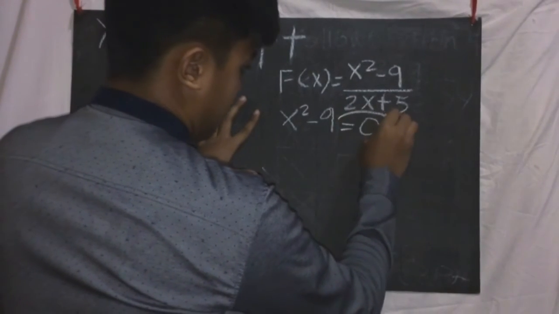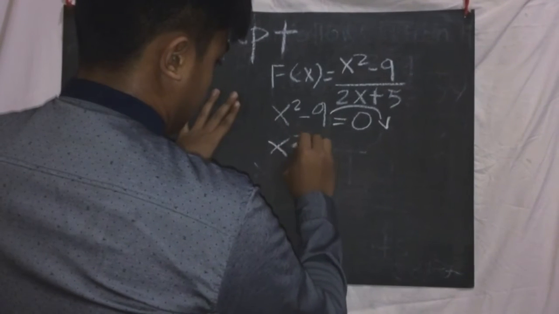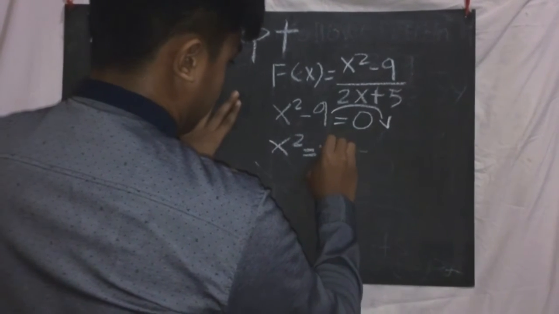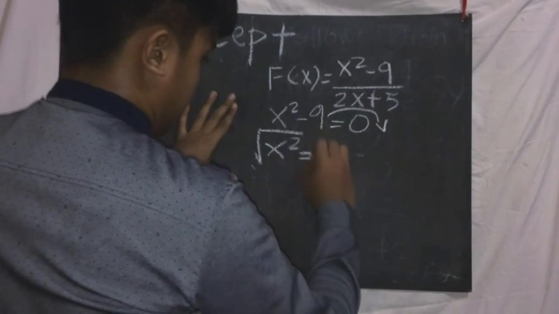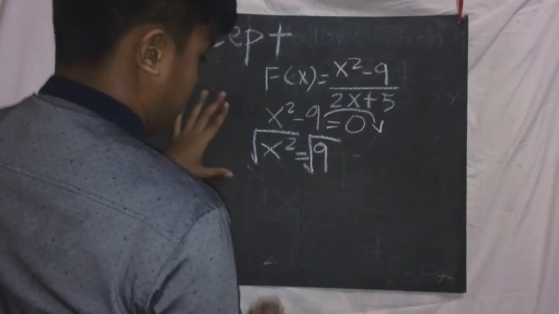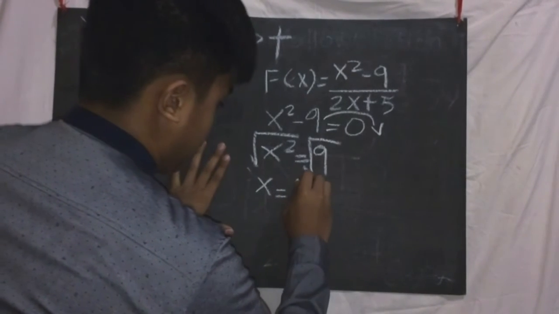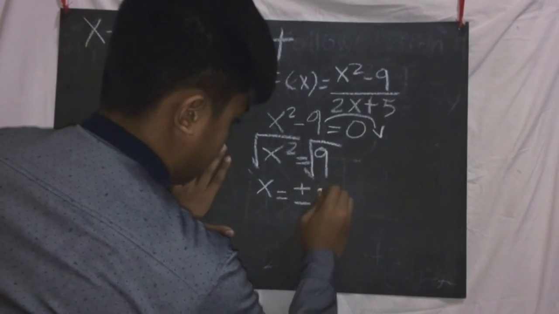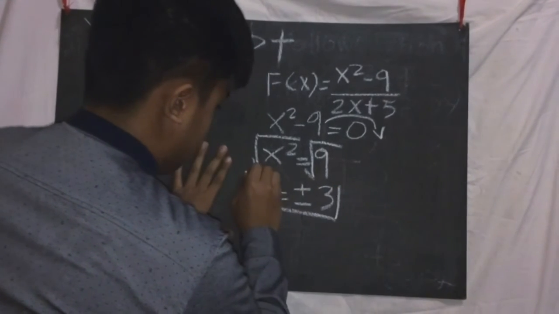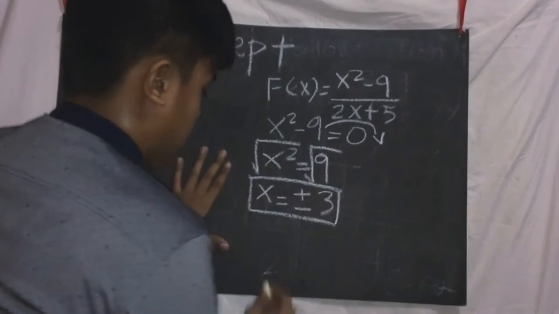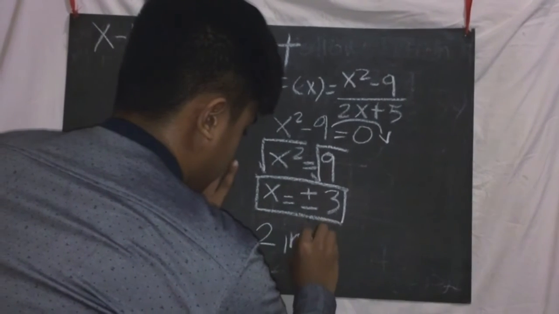Then transpose the negative 9 to make it positive, so it becomes x squared equals positive 9. Then we need to find the square root of both sides. So we need to put a radical sign, and it becomes x equals positive or negative 3. So it has 2 x-intercepts.